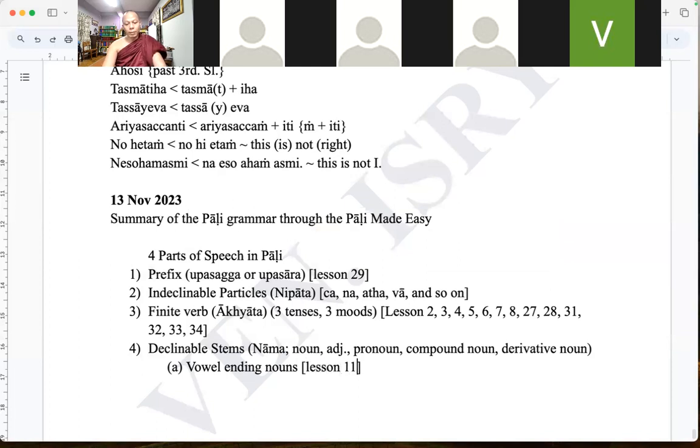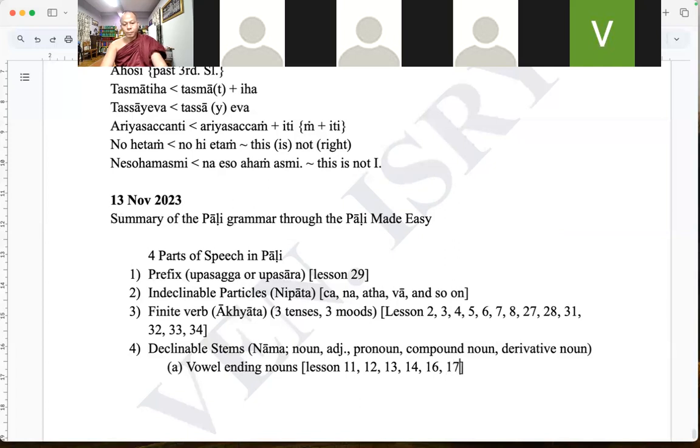So lesson 11 is about the adjectives. And then 12. And then maybe 13. And 14, 15 omitted.